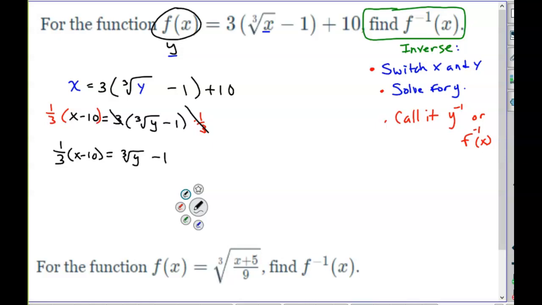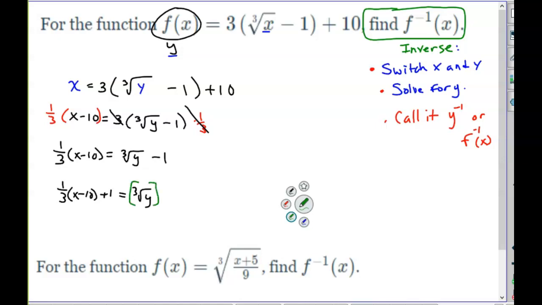So now, the 1 has to move over with addition. And you could distribute the 1/3, or you could leave it. But I'm going to add 1 over here. And now the very last thing is, remember how this was the cube root? That's the 1/3, so to get rid of it, I'm just going to raise everything to the 3rd power.